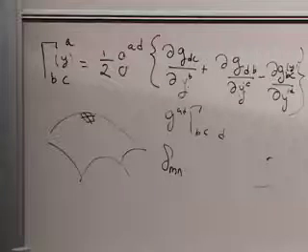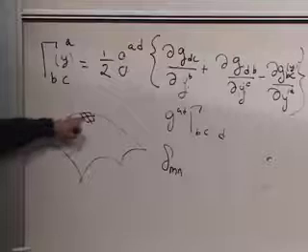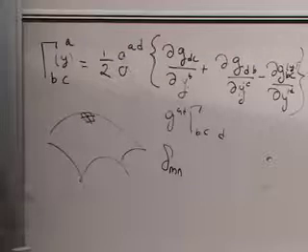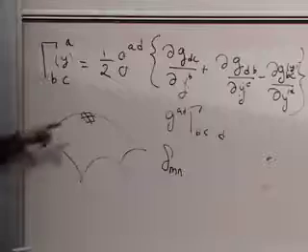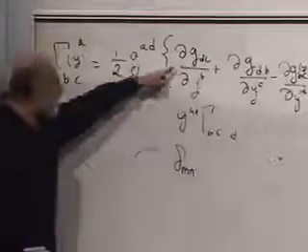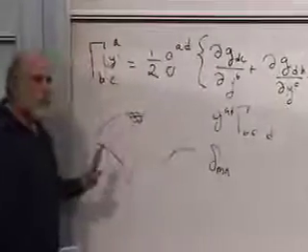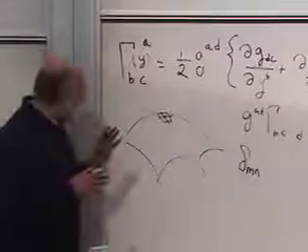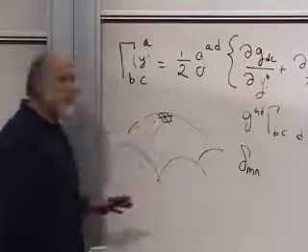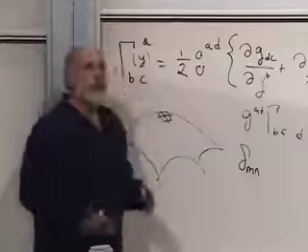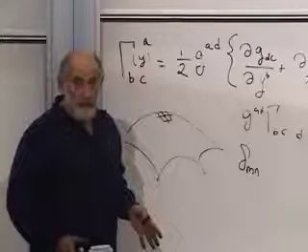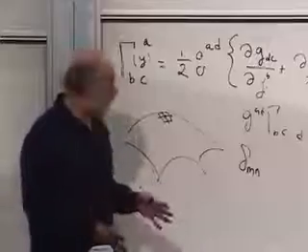Okay. So what it means is, if you go to these locally Cartesian coordinates, the derivatives of g at that point are all equal to 0. And at that point, focusing on that particular point, the covariant derivative is just the ordinary derivative in those coordinates.